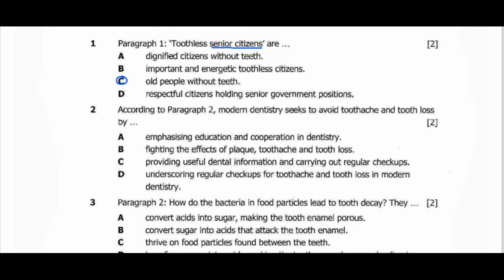So question 2, according to paragraph 2, modern dentistry seeks to avoid toothache and tooth loss by: A, emphasizing education and cooperation in dentistry; B, fighting the effect; C, providing useful information and carrying out regular checkups.